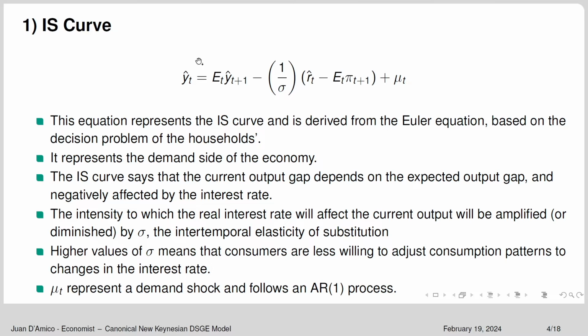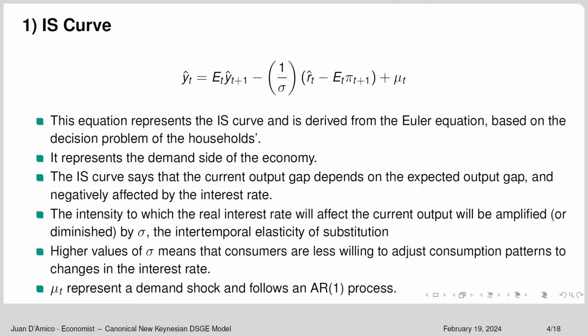So the current output gap will depend on the expected output gap in the future, and it's negatively affected by the interest rate, which is either amplified or diminished by the intertemporal elasticity of substitution. This is how consumers modify their patterns of consumption based on changes in the interest rate.